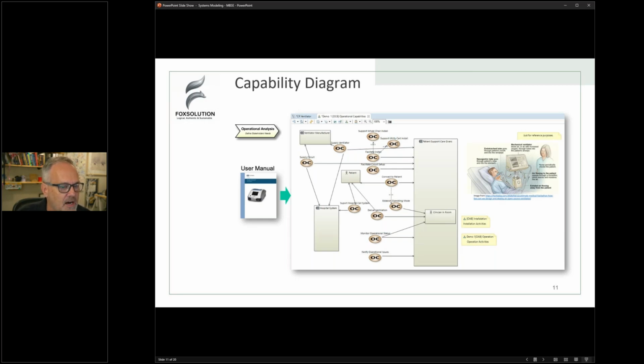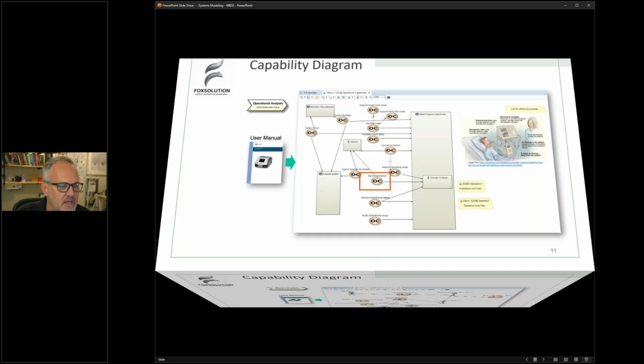We have a hospital system, we have a patient, we have clinicians, we have a ventilator manufacturer. What are the capabilities we want to deliver to provide ventilation to a patient? So we want to monitor the operational status, support the hospital call system, but one of them is deliver ventilation. That's one of the key aspects of a ventilator, to deliver the ventilation.